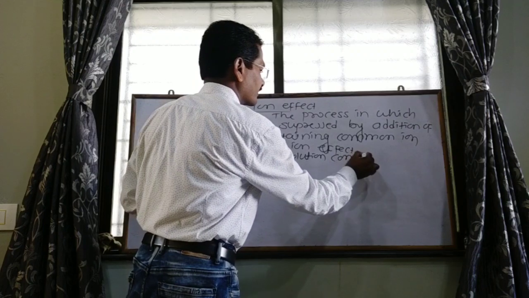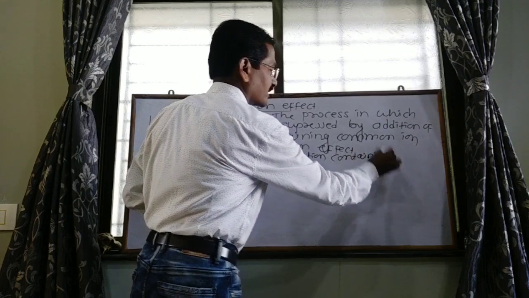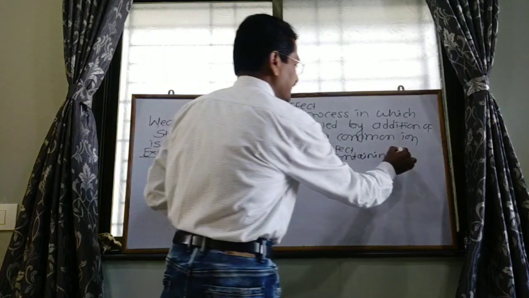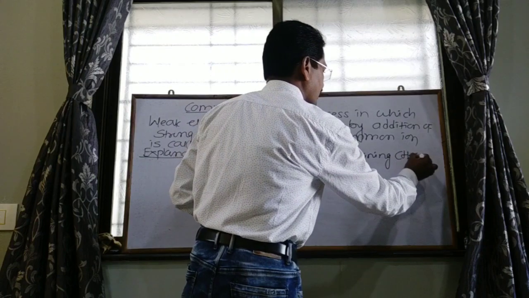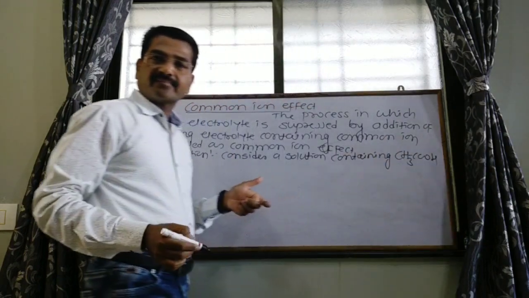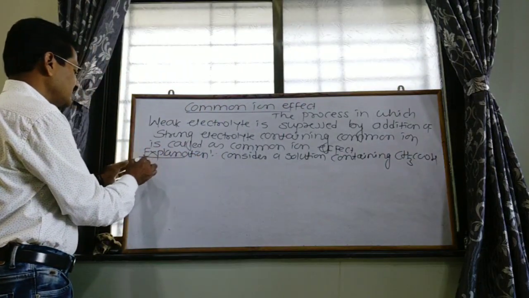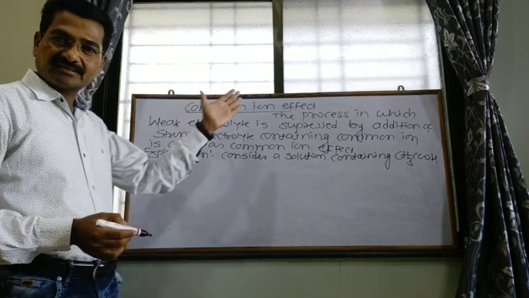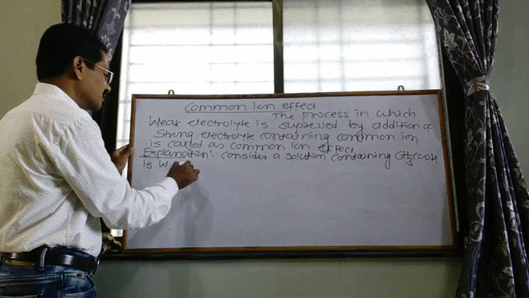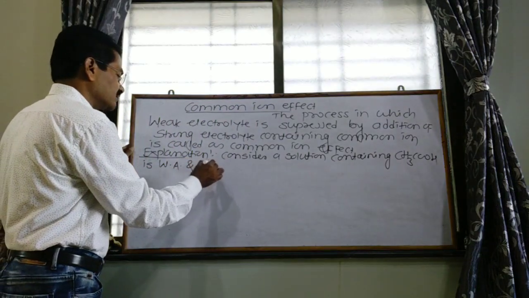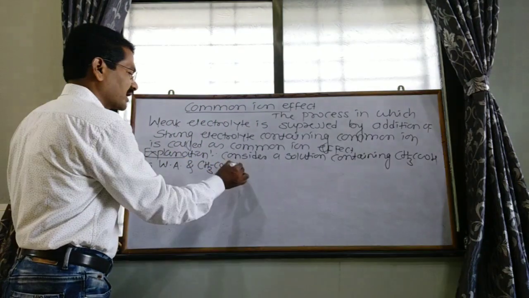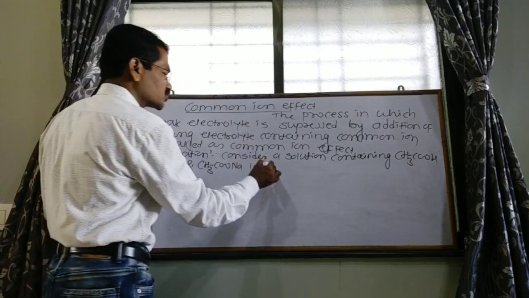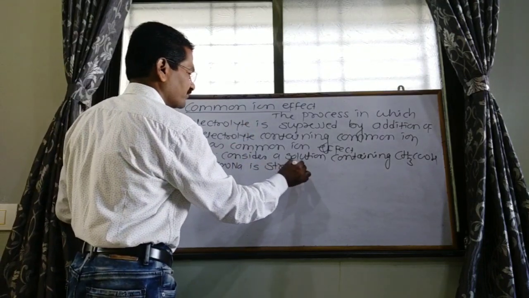Acetic acid is a weak acid, and sodium acetate is a strong electrolyte.